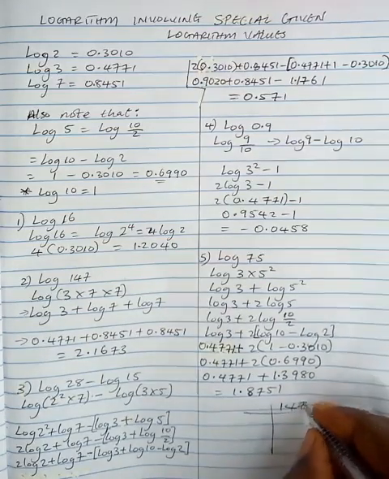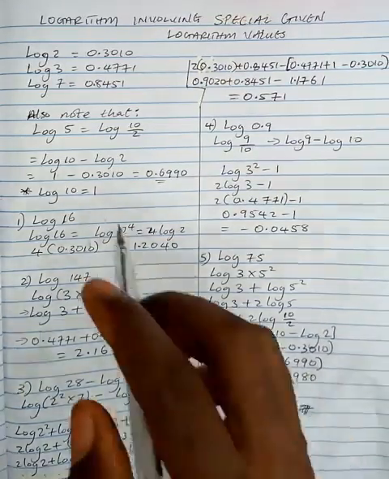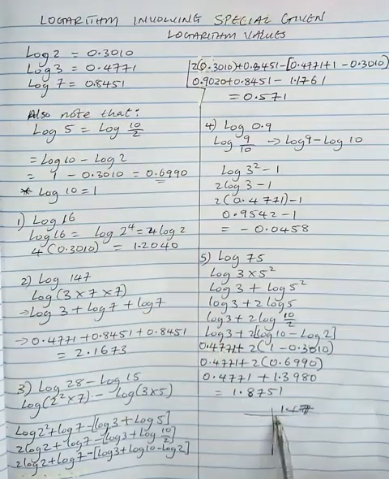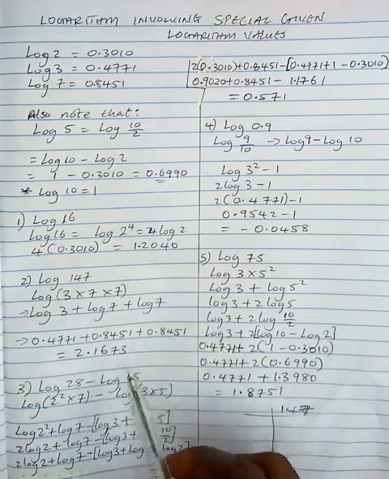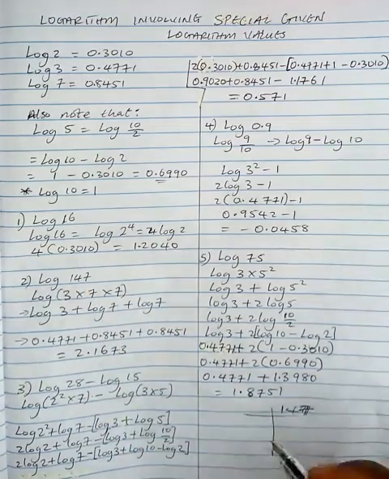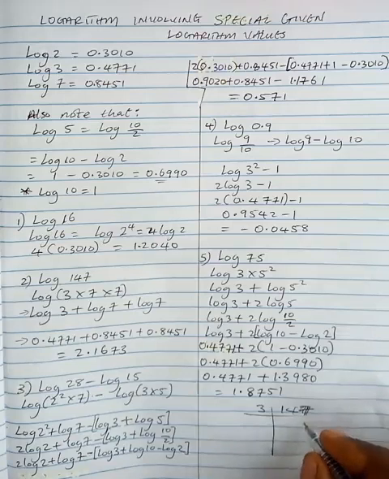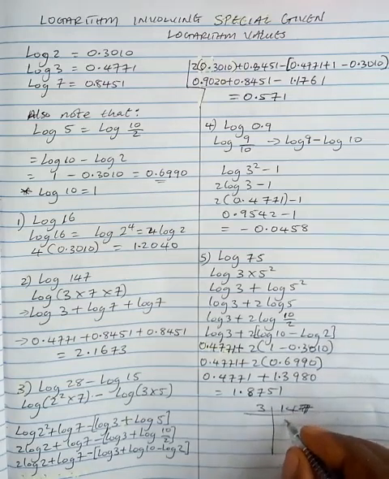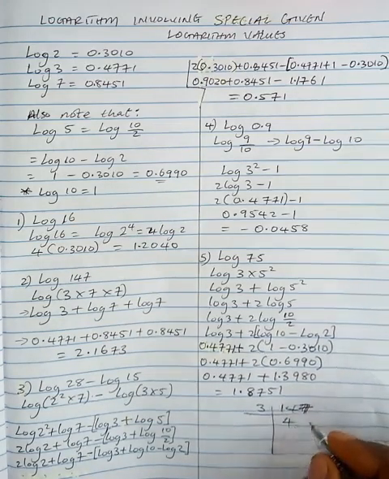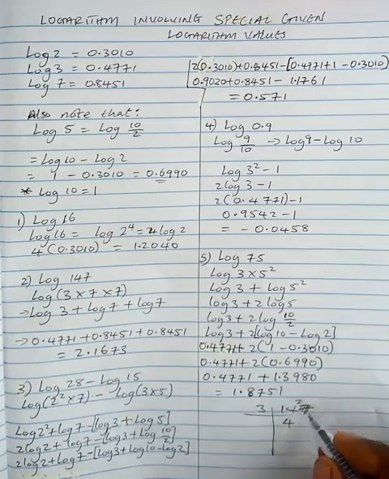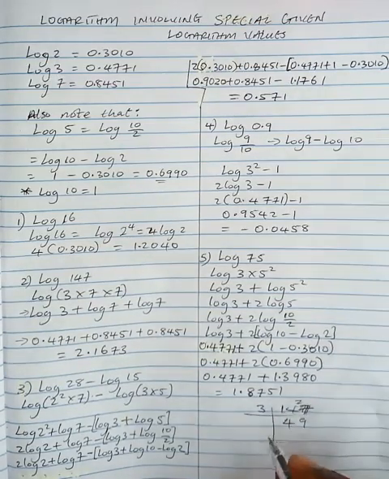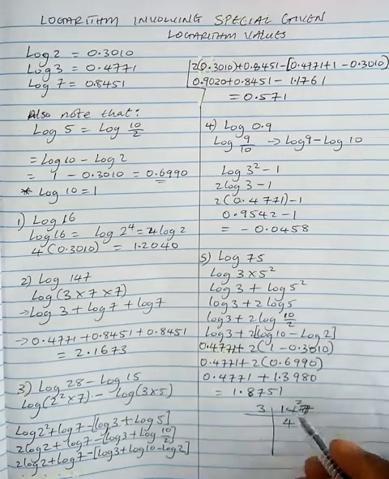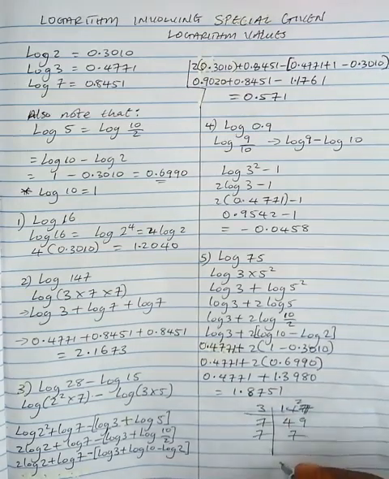From here, we look for the prime numbers that can divide this, which are also coming from here. 3 can go into this place. 3 into 14 will give me 4, remainder 2. 3 into 27 will give me 9. So I have 49. Now, if you look at it, 3 cannot go into 49 further. In other words, what I have is 7. 7 can go into this place to give me 7. And another 7 will give me 1.